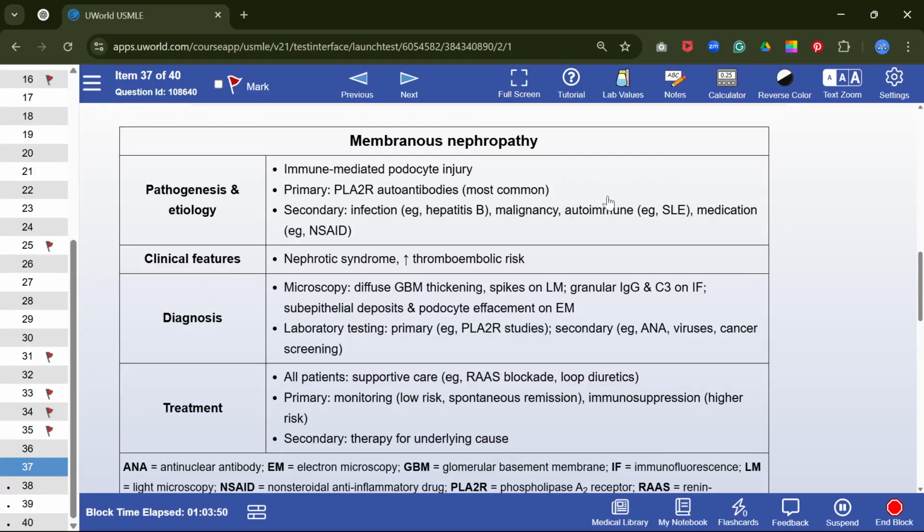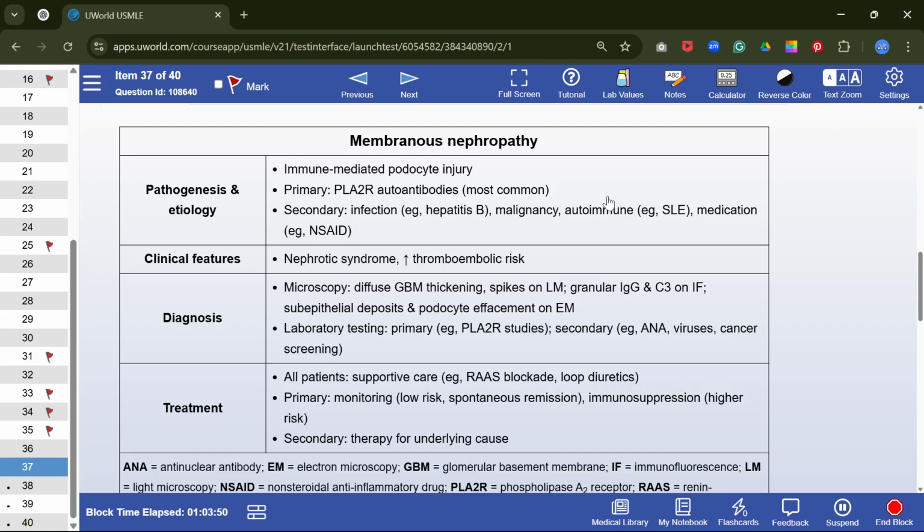Membranous nephropathy is immune-mediated podocyte injury. Primary: phospholipase A2 receptor autoantibodies. Secondary: infection, hepatitis B, malignancy, autoimmune, SLE, medication, NSAID.